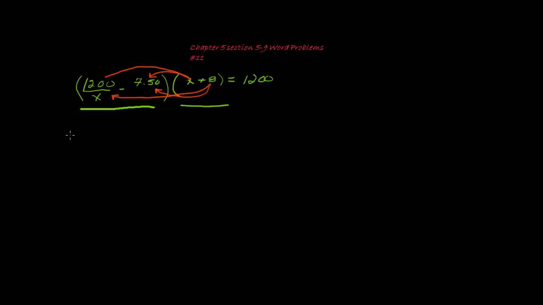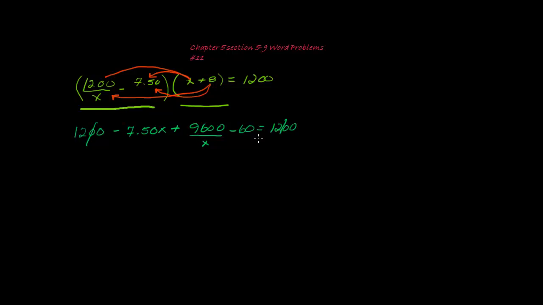So when I do that, in this first step I'm going to get 1,200 minus 7.5x plus 9,600 over x minus 60 is equal to 1,200. Okay, let's look at this.